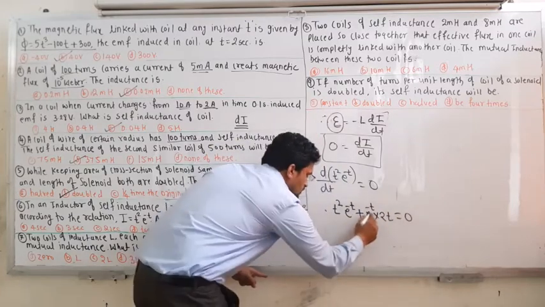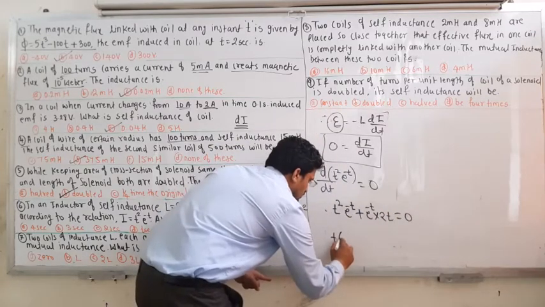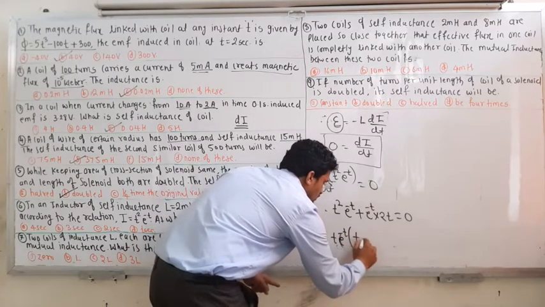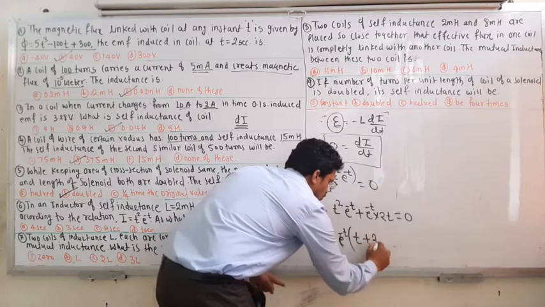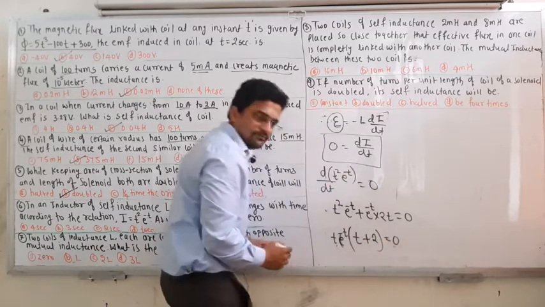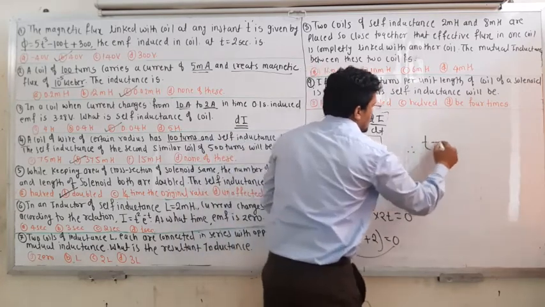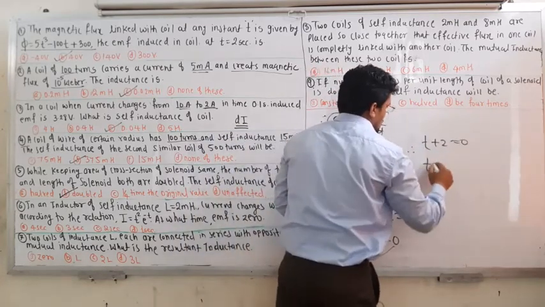Okay, so take out t and e to the power of minus t common, and in the bracket you will get (t plus 2). T plus 2 is equal to 0. Multiplying this, you will get 0. Therefore t plus 2 is equal to 0, hence t is equal to what?